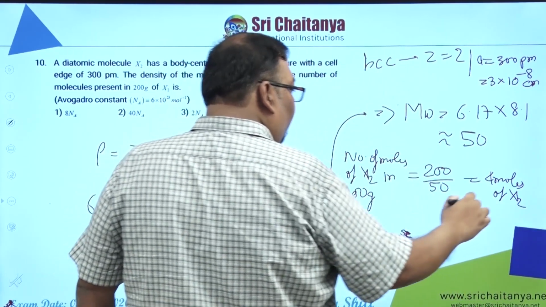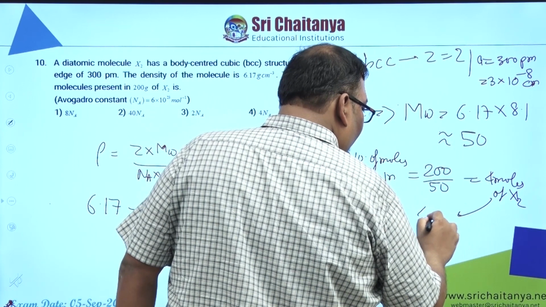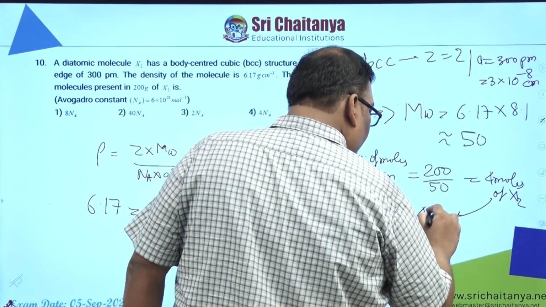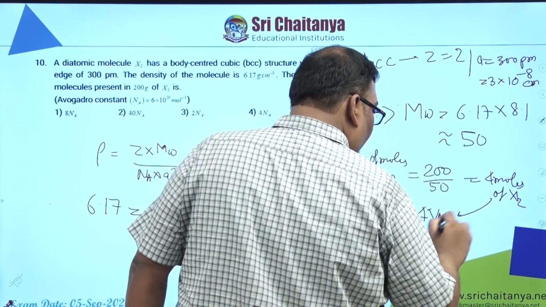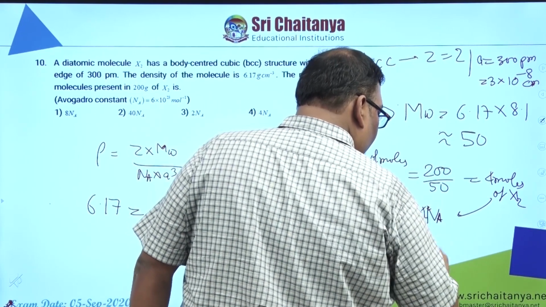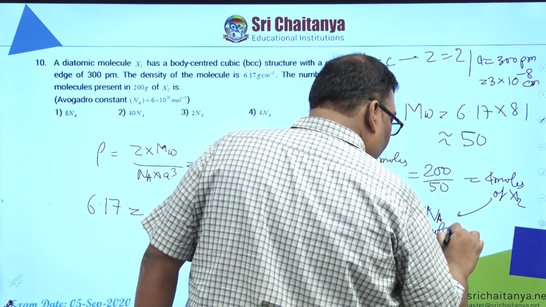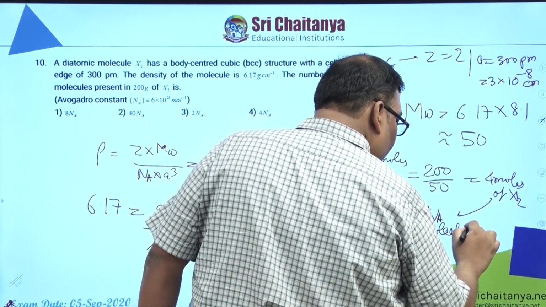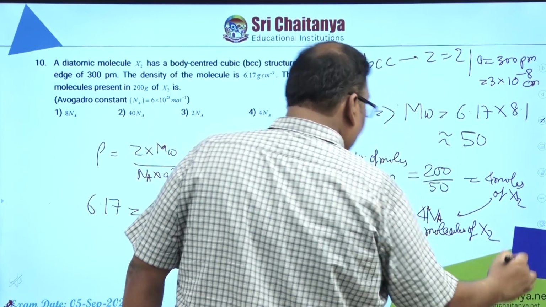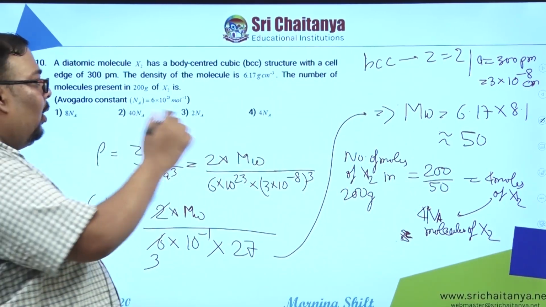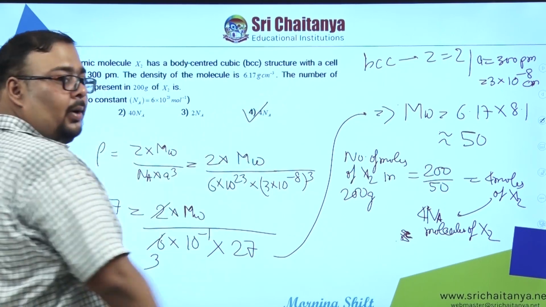Now you see 4 moles of X2 is basically 4 Na molecules of X2. So this is the final answer. The answer will be option 4, which is 4 Na.